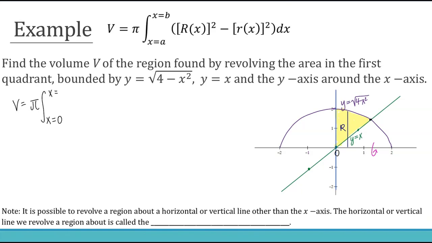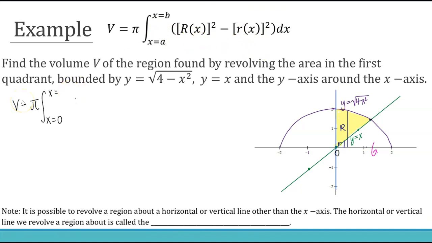And then I have to figure out, well, what's that part I have to carve out? So I start from that axis of revolution and I think about what's that closer function. So that's going to be here. This is going to be my little radius. This is going to be my little r. So I need that big radius squared minus the little radius squared. That's how I like to think about it.